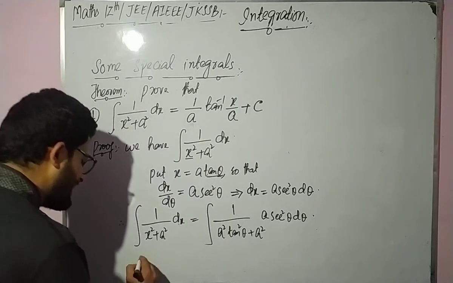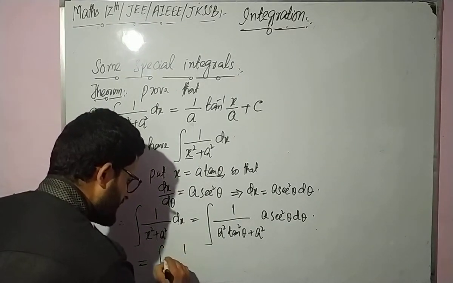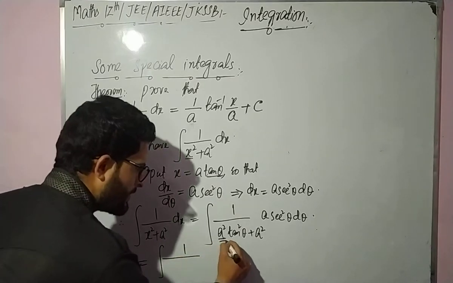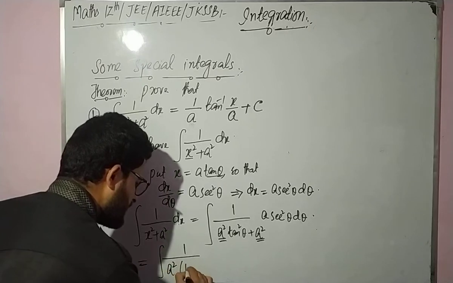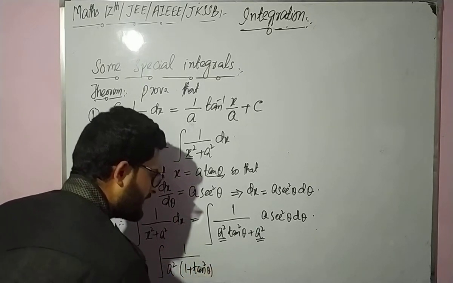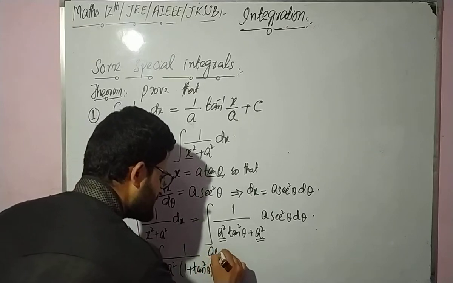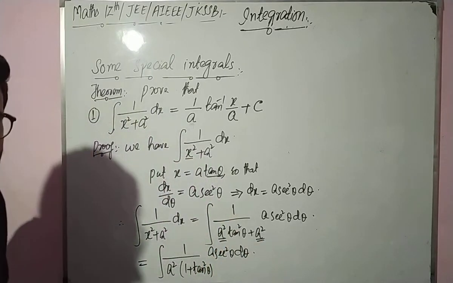So that is further equal to the integration of 1 divided by a square here, a square here also, take a square common, what remains is 1 plus tan square theta into a sec square theta d theta. Is that clear?